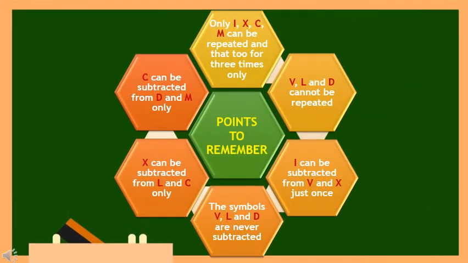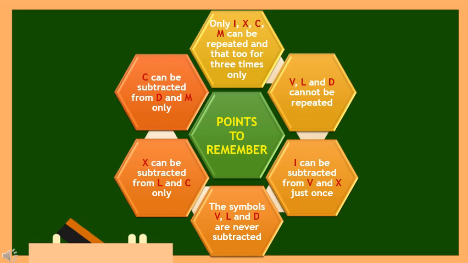The main points that you need to remember while converting or writing the Roman numerals are that only I, X, C and M can be repeated, and that too for a maximum of 3 times. Symbols V, L and D cannot be repeated.